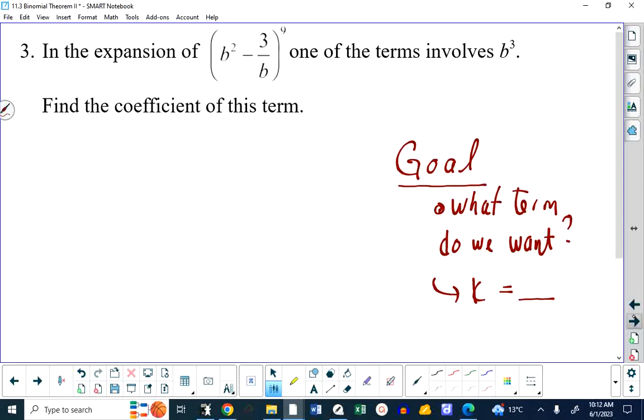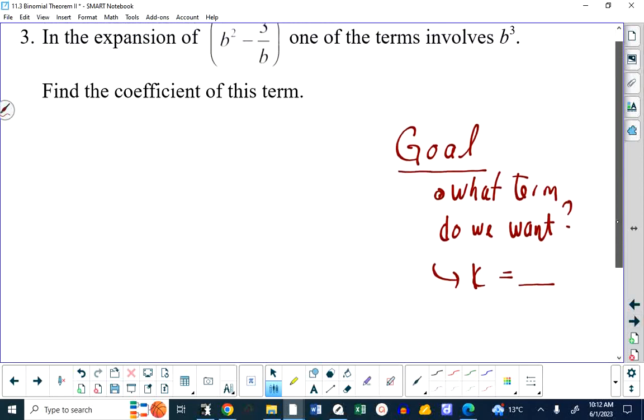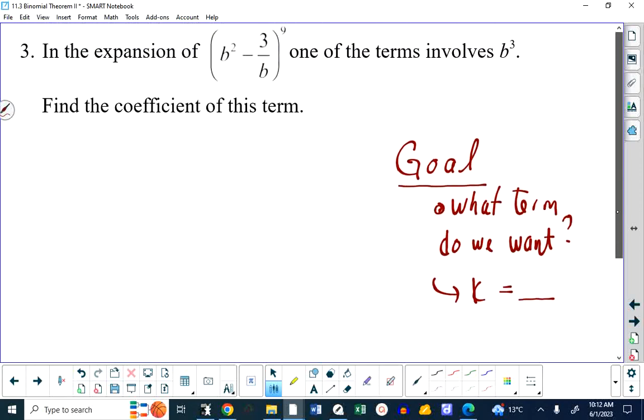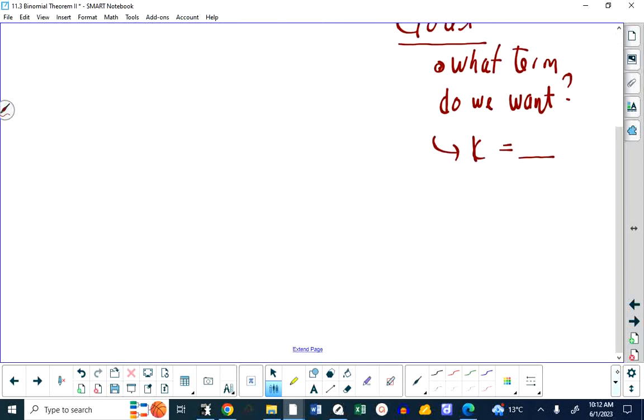So what we're going to actually do is take a step backwards and expand this out using the traditional approach, starting at term 1 and continuing on down the line. You have more room on paper. I'm just going to move down so that I have enough room. It's b squared minus 3 over b to the 9. Let me rewrite it here.